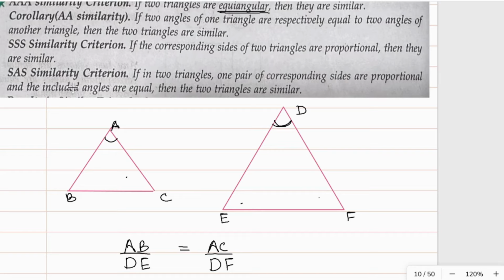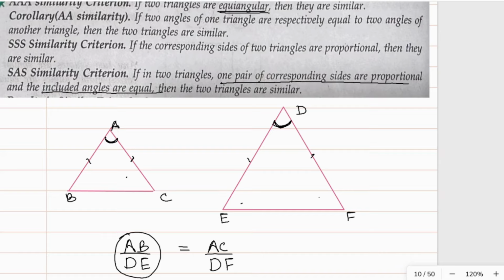That is, one pair of corresponding sides are proportional and the included angle is equal.